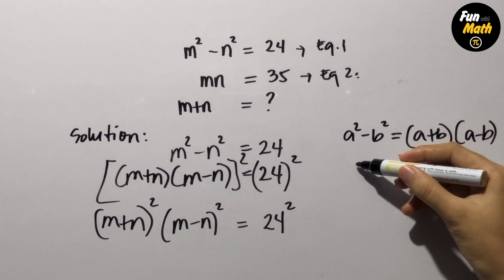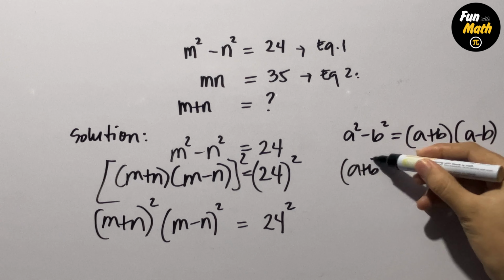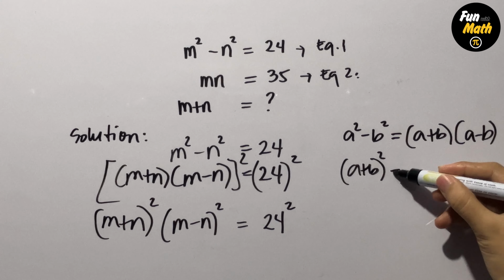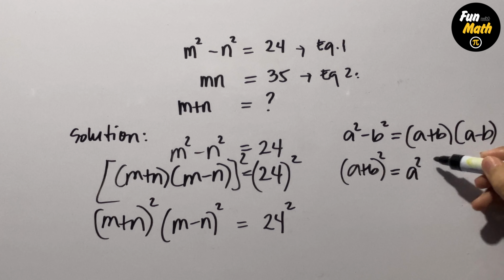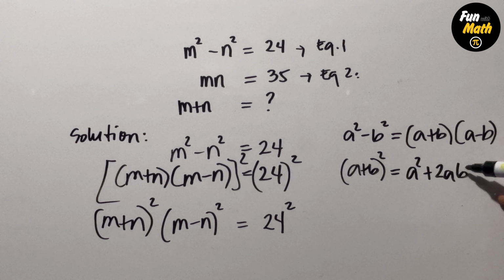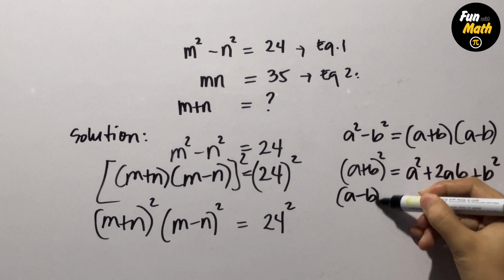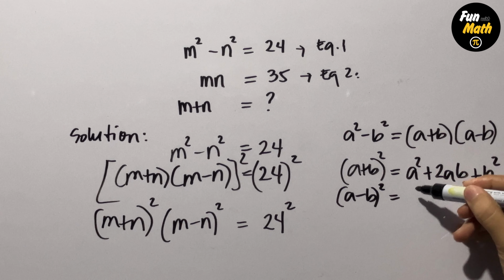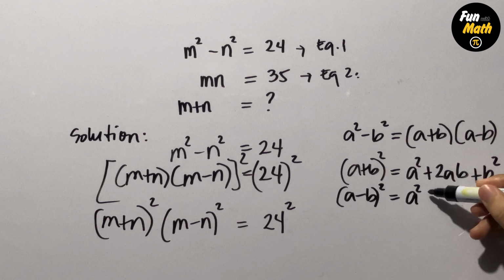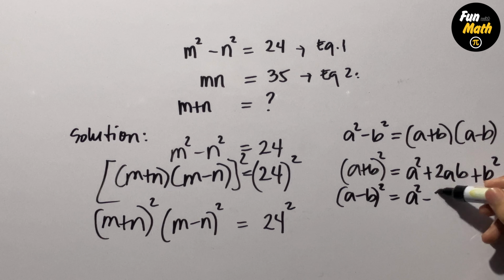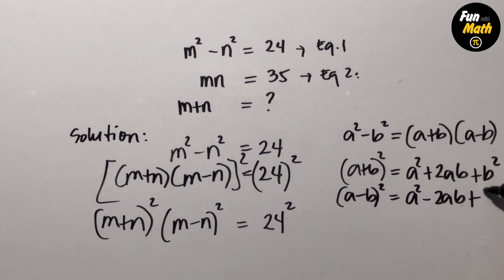So we have an identity a plus b squared is also equal to a squared plus 2ab plus b squared. Another identity is a minus b squared is equal to a squared minus 2ab plus b squared.